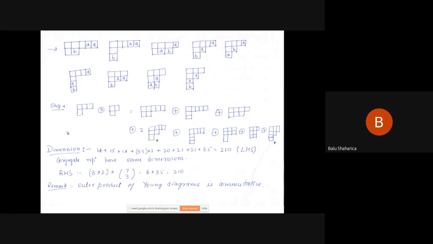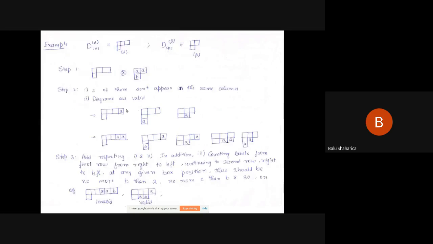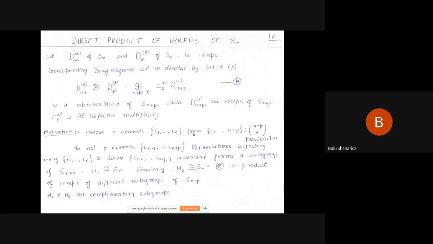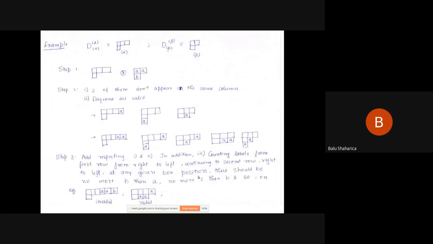We'll use n factorial by product of hook lengths, and we find the dimensions, and we multiply that by 7C3, because that's how we can permute. So this S3 over here forms that group H2 which I talked about, which first selects some three elements of S(n+p) and permutes them, and there are 7C3 ways of selecting those three.